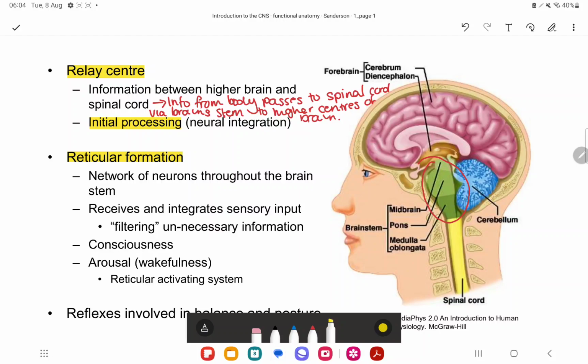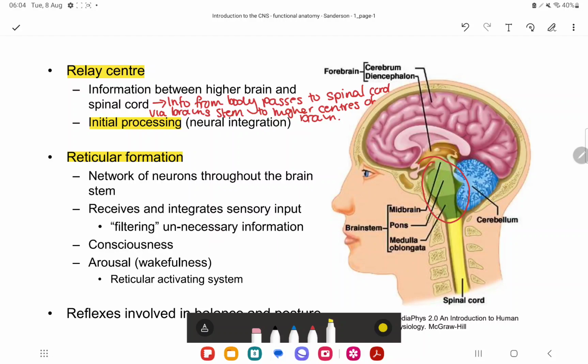So all sensory information coming from the muscles, for example. The periphery means everywhere in the body. So it receives that and it integrates that. She also has over here, it filters unnecessary information.